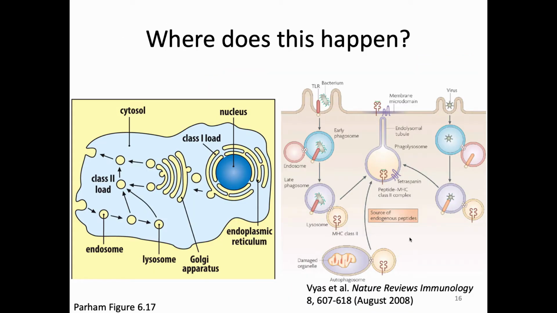So people tried to study where this process happened in all sorts of different ways. Sometimes they said it's in the lysosome, or it's in the phagosome, going through all sorts of different ideas of where this can happen.